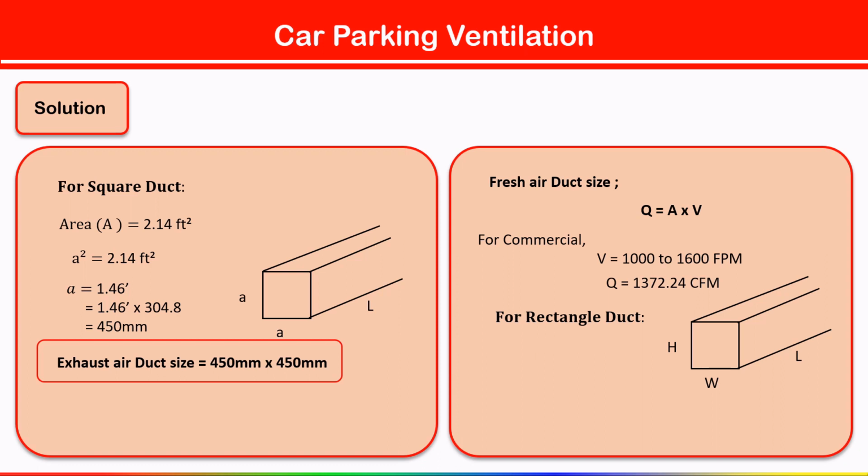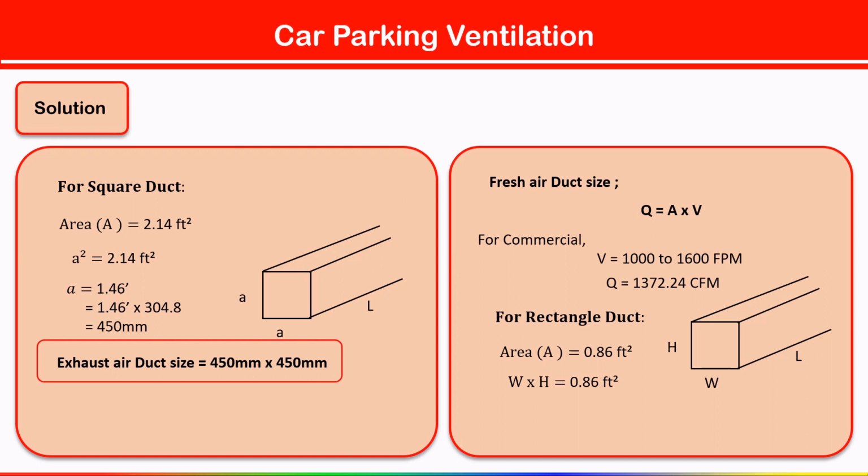How to calculate the area? Same, we have to use this formula. So you will get the area as 0.86 square feet. Now tell me, what is the area of a rectangle? Width into height. Simple, you have to put that value, width into height.